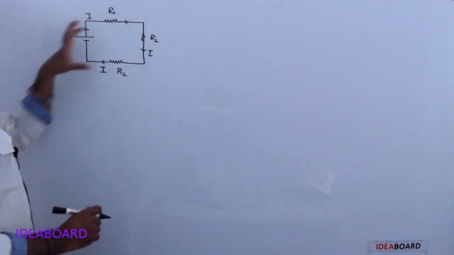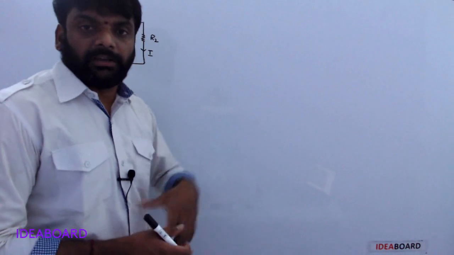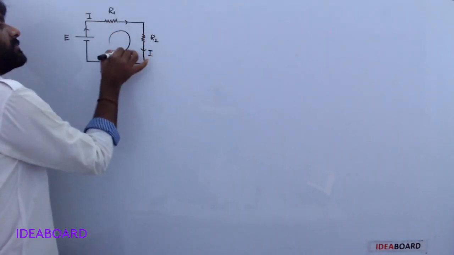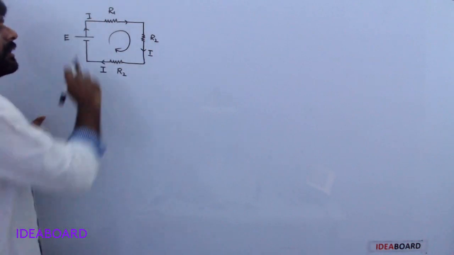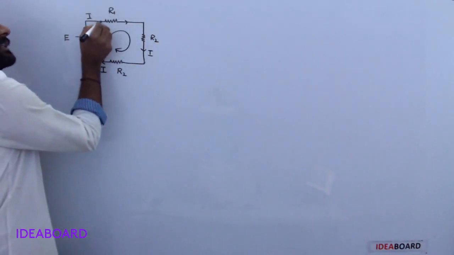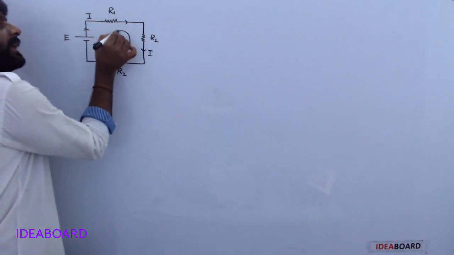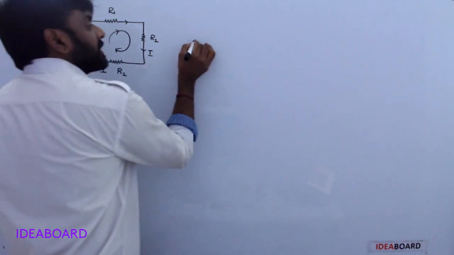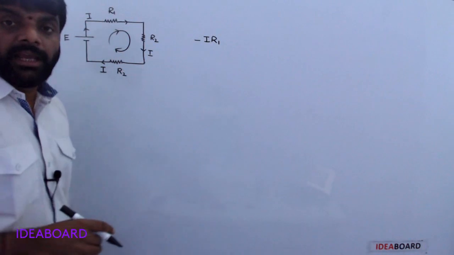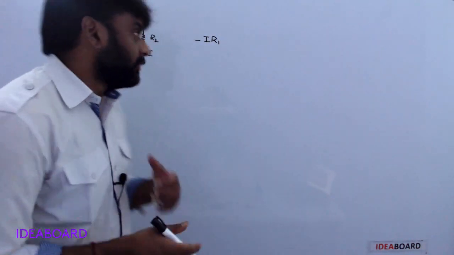One example, it is the given circuit. Find the current by using Kirchhoff's voltage law, or second law. Taking clockwise, first of all, the resistor: the current direction and your taking direction are both the same, so it is negative. Along the current direction, negative.